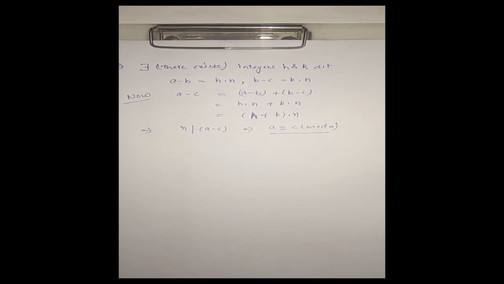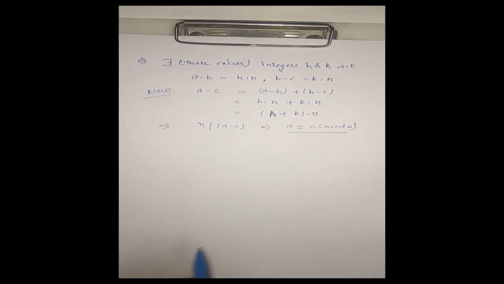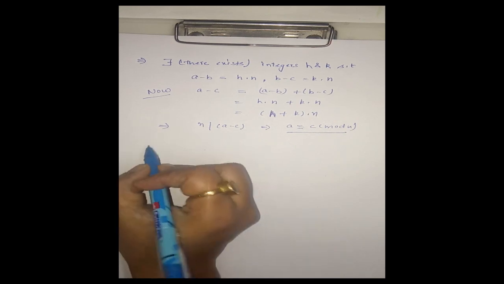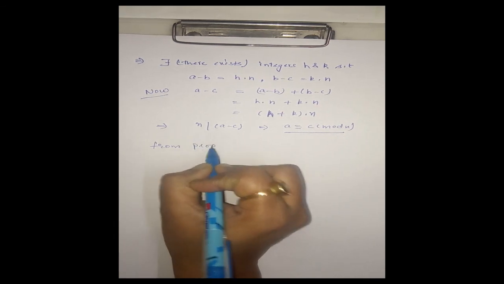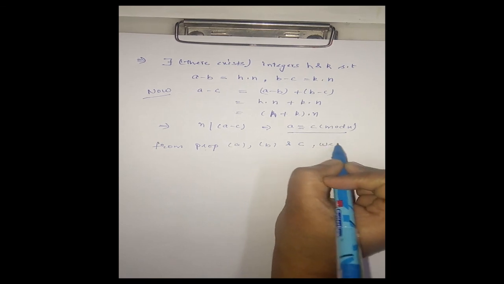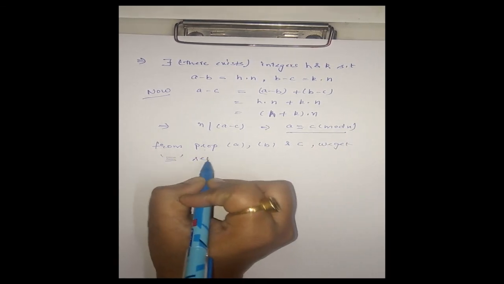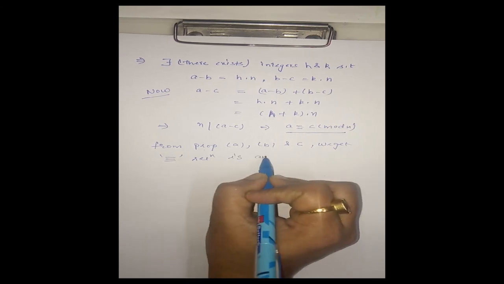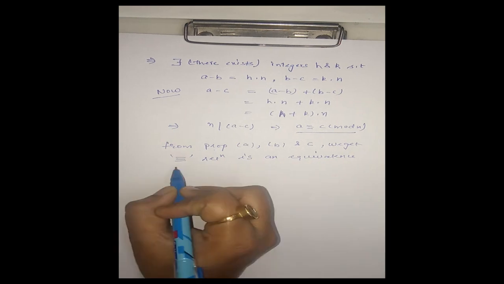Okay, now these three properties a, b and c imply the congruence relation is an equivalence relation. Okay, from properties a, b and c we get the congruence relation is an equivalence relation. Clear?